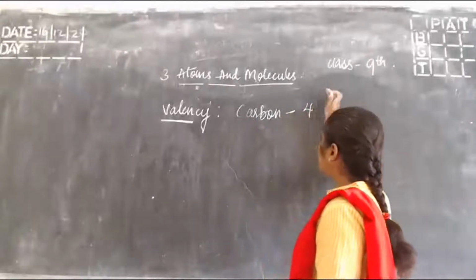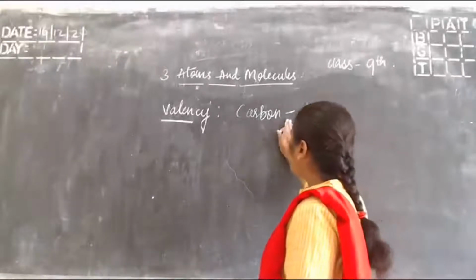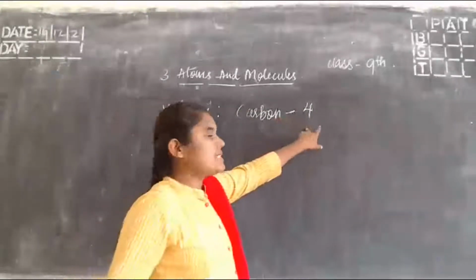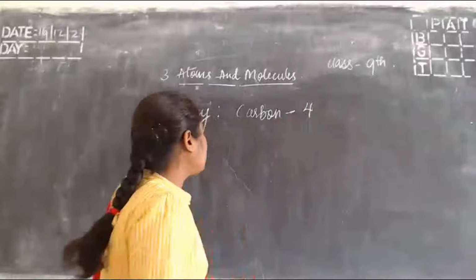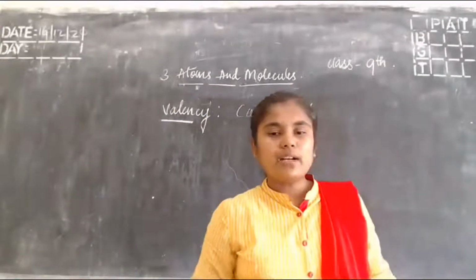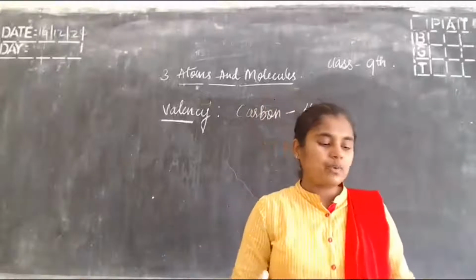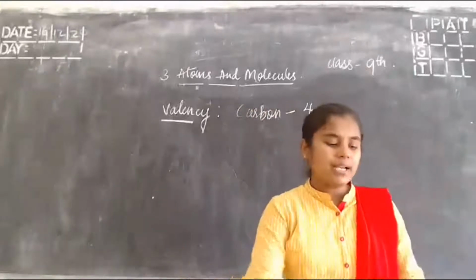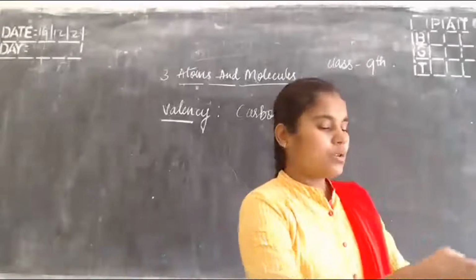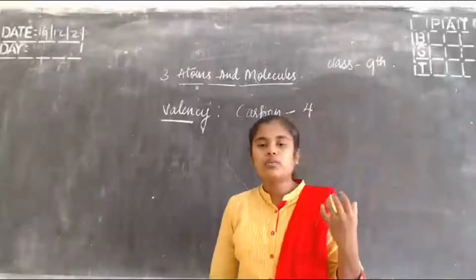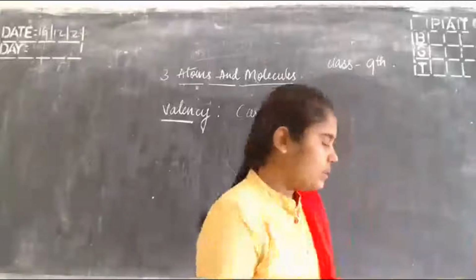The combining capacity of carbon is 4. So this is called valency. You can find out how the atoms of an element will combine with other atoms to form a new chemical compound. So this was about the valency. Next we will see how to write the chemical formula.